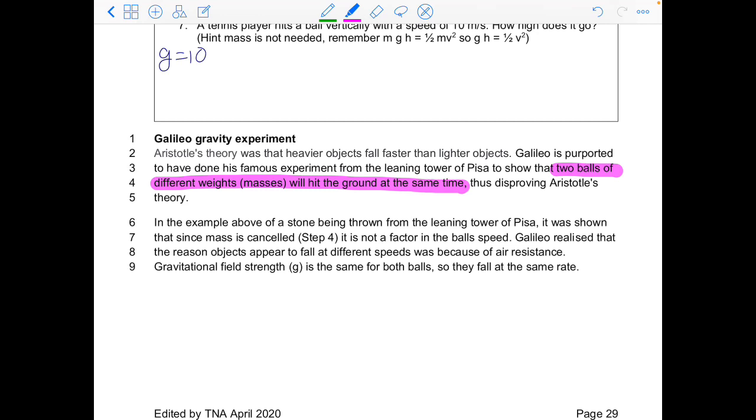So, because the mass is cancelled, it is not a factor in the ball speed. It doesn't matter how big the mass is for it to affect the ball speed. What is the issue is that air resistance. All right? The same way, you can have two things of the exact same mass.